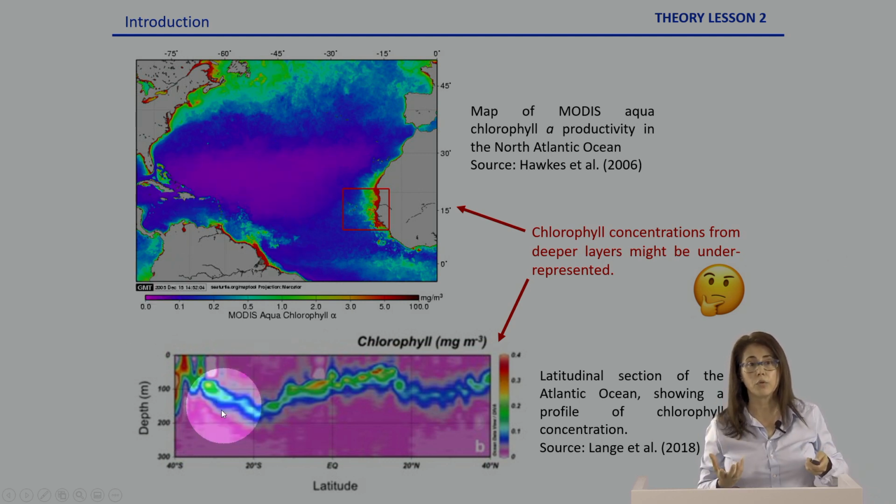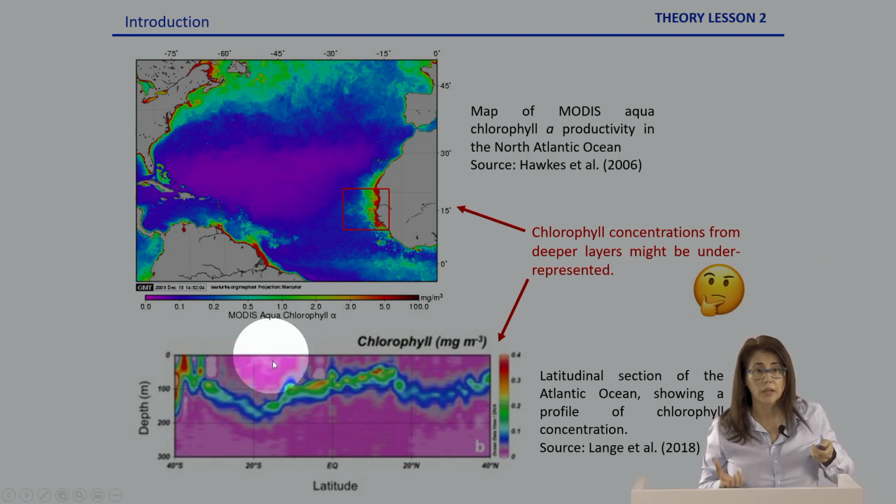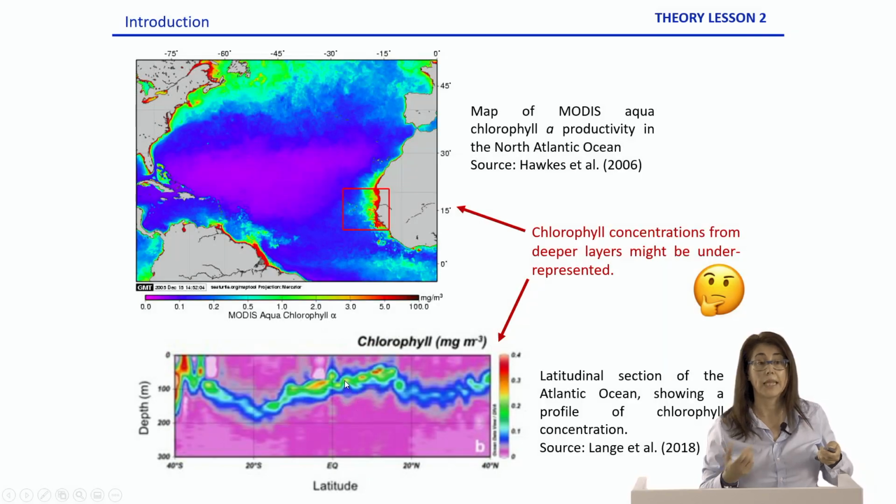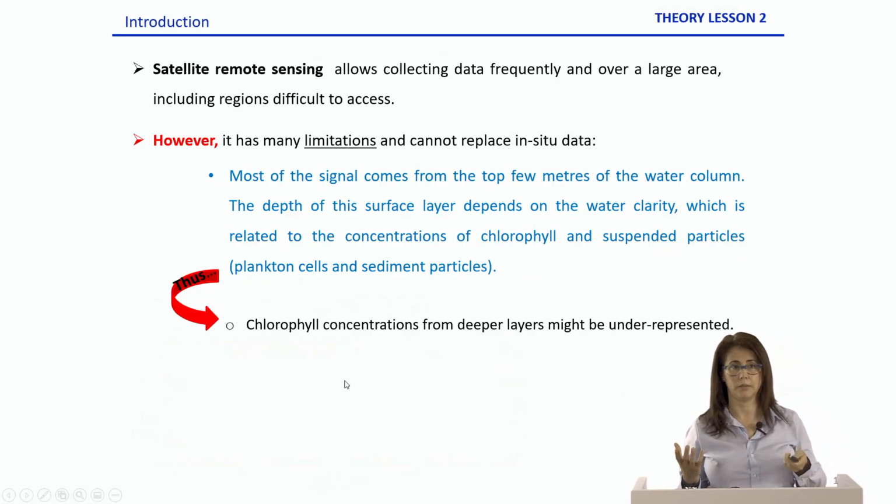However, if we do a section from the southern hemisphere crossing the middle of the Atlantic up to 40 degrees north, we can see that in regions where the chlorophyll concentration is 0 at the surface, we find chlorophyll maximums at deeper layers, approximately around 100 meters depth. And this cannot be seen with a satellite.